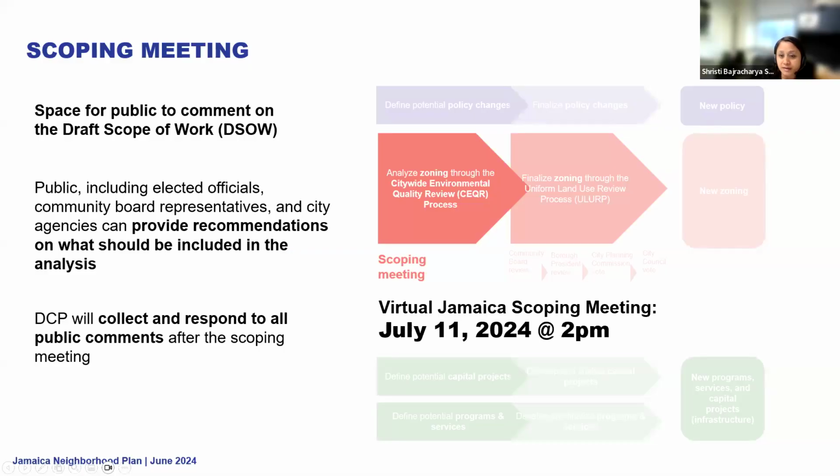So the scoping meeting, which is scheduled for July 11th, is an opportunity for the public to comment on this draft. Everyone on this meeting, your neighbors, anyone who lives and works in the neighborhood can provide their recommendations on what should be included in this 6 to 8 month long analysis.